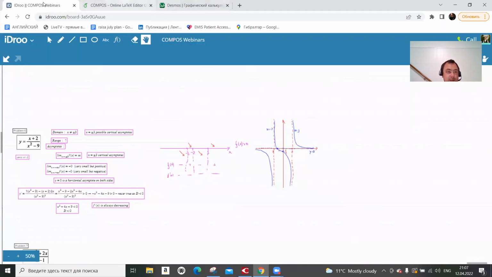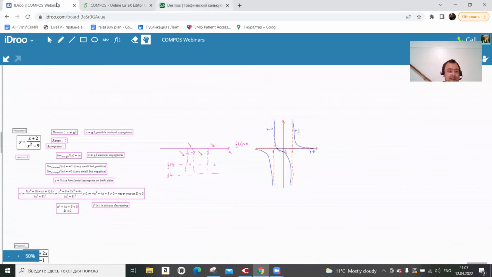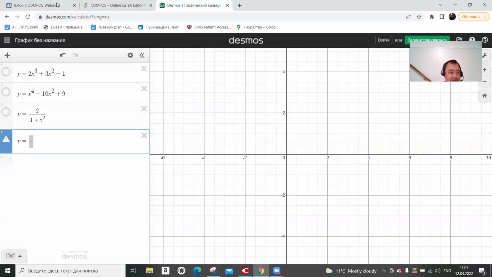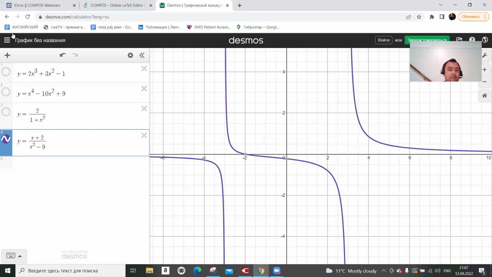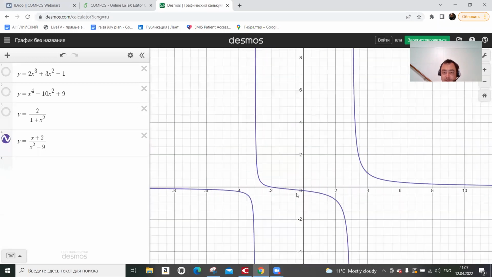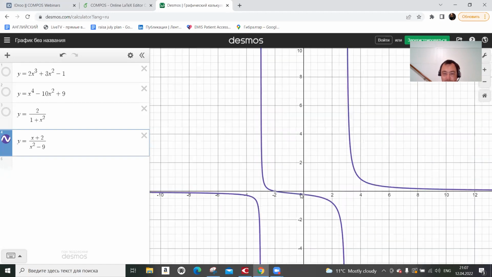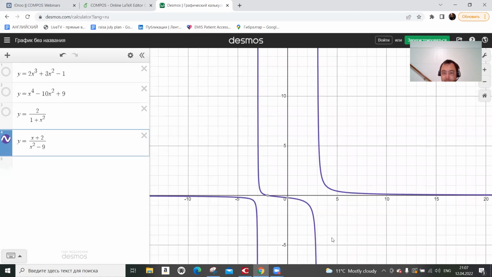Although when I was at university, we had nothing of the sort. x plus 2 divided by x squared minus 9. And here it is. It does seem so: -2, 0. So that's minus 2/9, decreasing, decreasing, decreasing.